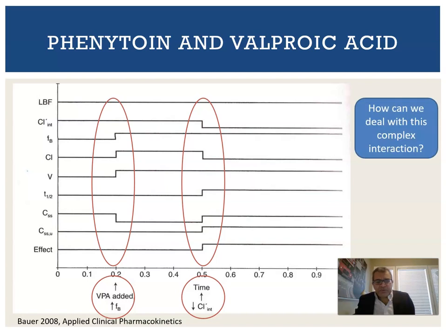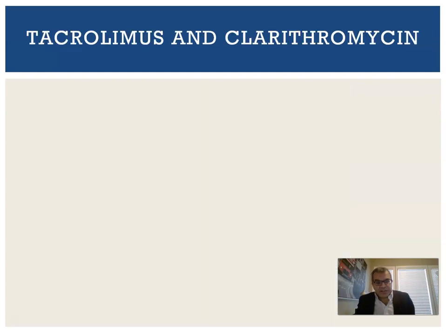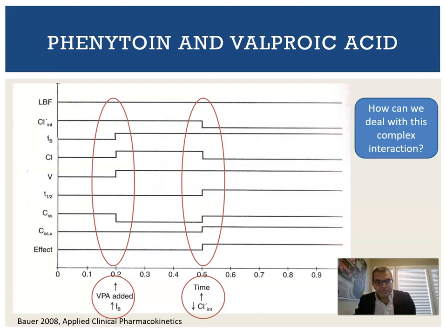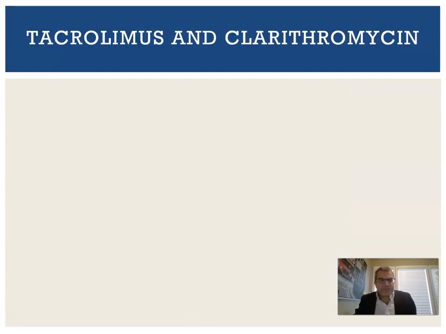How can we deal with this complex interaction? Simple. Actually, therapeutic drug monitoring. If the free fraction of phenytoin, the free concentration, is available, you can measure that, and you will be able to fix this interaction. Another interaction is tacrolimus and clarithromycin.